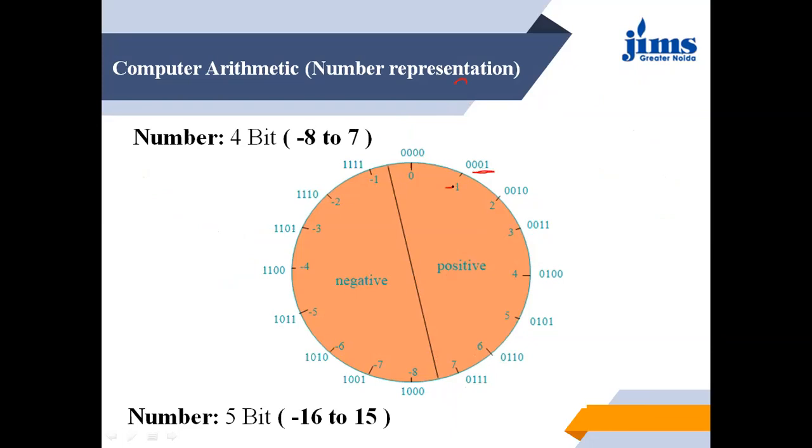This is +1 and this will be -1. So the 2's complement of this will be, first we write this number as it is, then we change all these three bits from 0 to 1. So this is the 2's complement, that is the negative representation of +1.